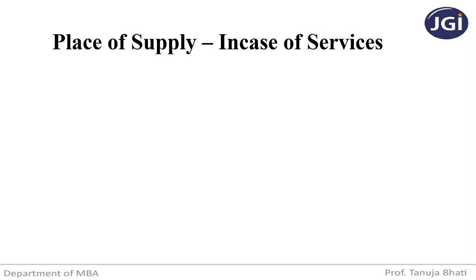It is an important factor to determine which type of GST will be levied, whether CGST and SGST if it is intrastate, or IGST when it is interstate. The two factors based on which you decide the type of GST are the location of the supplier and the place of supply.